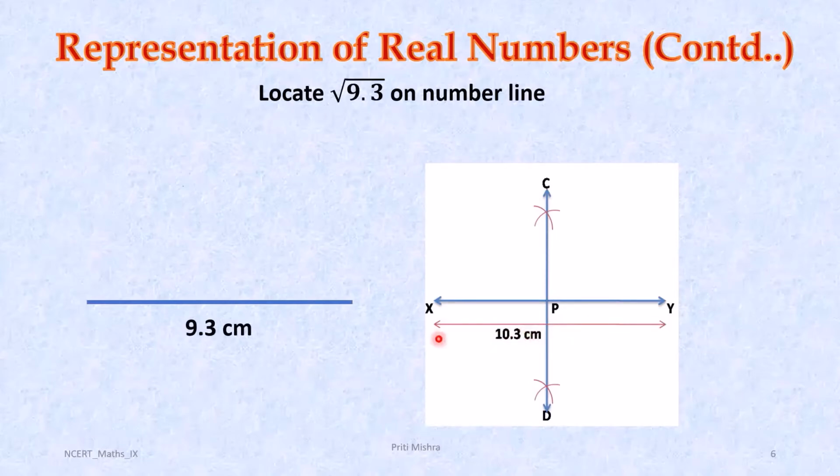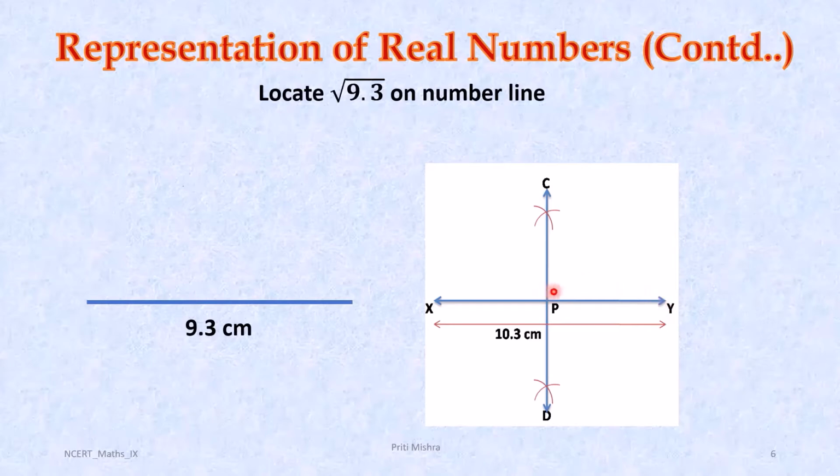Now we have to find the midpoint of this line segment. So we need to draw the perpendicular bisector of this line segment, with the help of a compass.